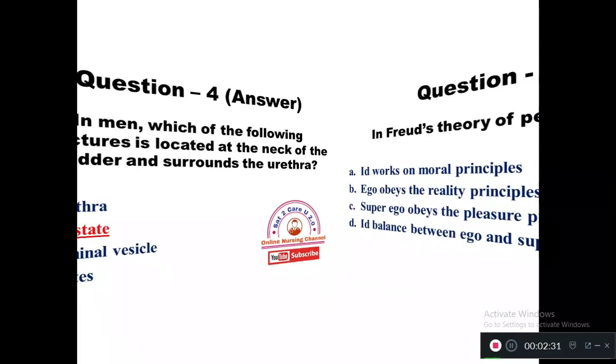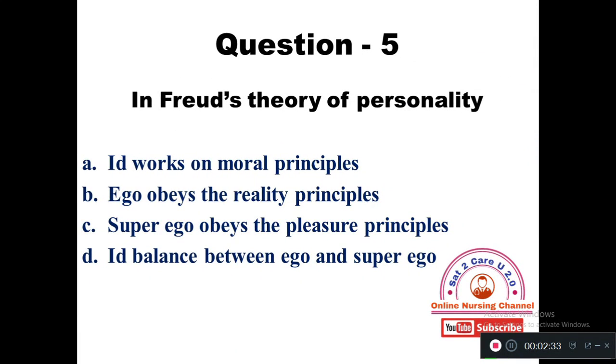Question number 5. In Freud's theory of personality, which statement is true? Option A. It works on the moral principle. B. Ego obeys the reality principle. C. Superego obeys the pleasure principle. Option D. It balances between ego and superego. So Sigmund Freud's theory of personality tells that option B is right.